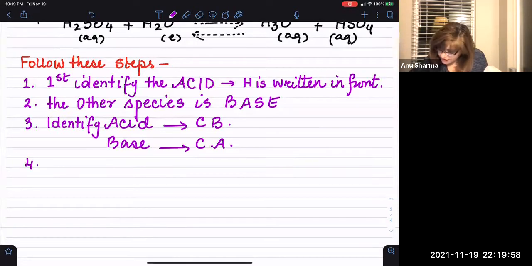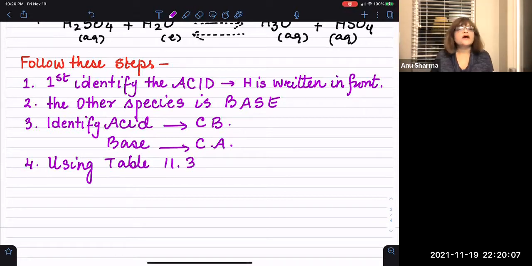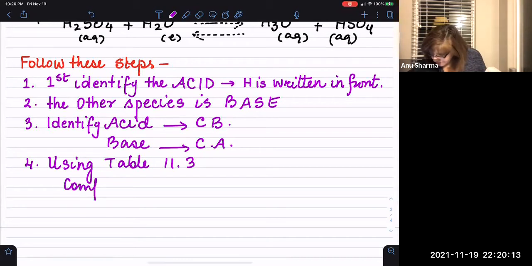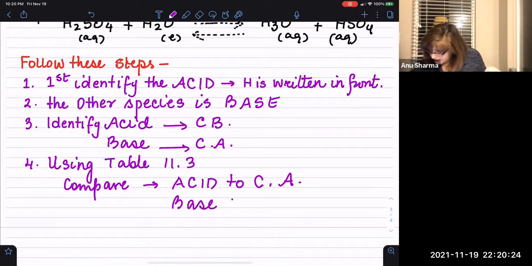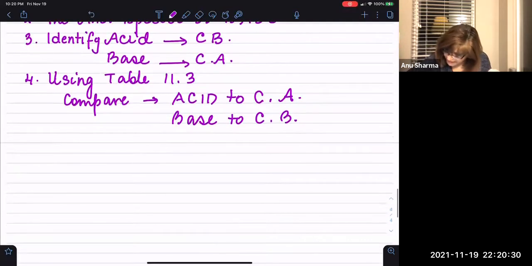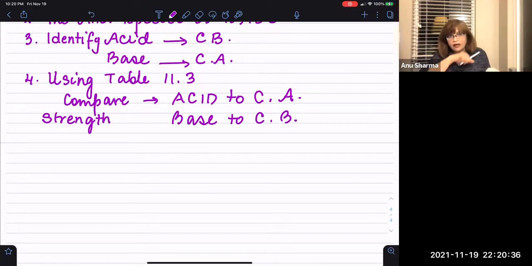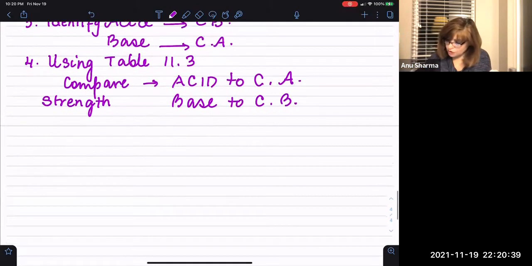Now, using table 11.3, compare the acid to the conjugate acid and the base to the conjugate base. Which one is stronger? Compare the strengths.